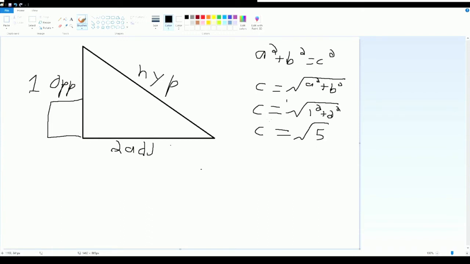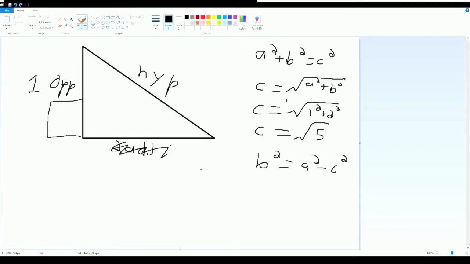And yes, you can apply this to the other sides too. If you're not calculating for the hypotenuse, for example the adjacent, let's just remove the adjacent. You're just gonna have to do this: b squared equals c squared minus a squared.